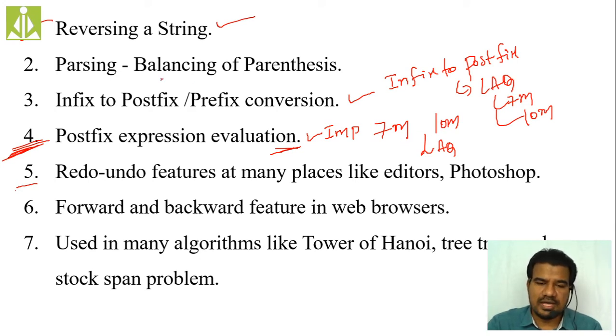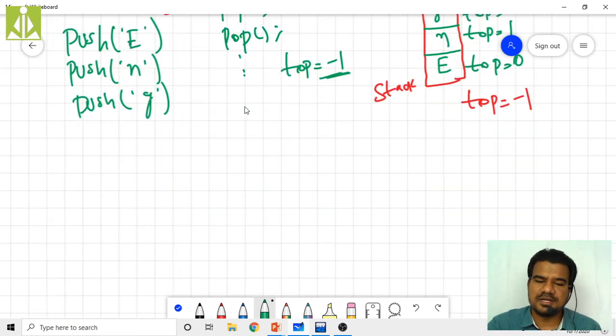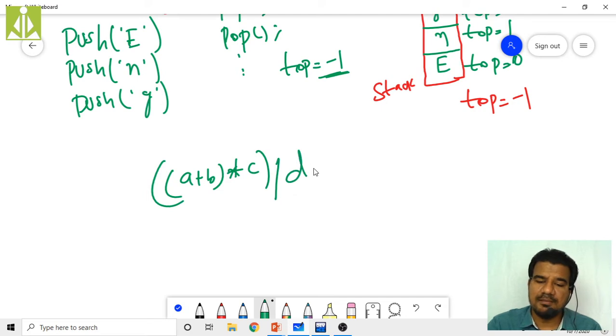Next, parsing. We already discussed reversing a given string, it is over. Then we are discussing parsing or balancing of parentheses. Generally, how do we write expressions in mathematics? We write expressions in this notation: A plus B in parentheses, multiplied by C divided by, one more parenthesis, D minus C, another parenthesis.